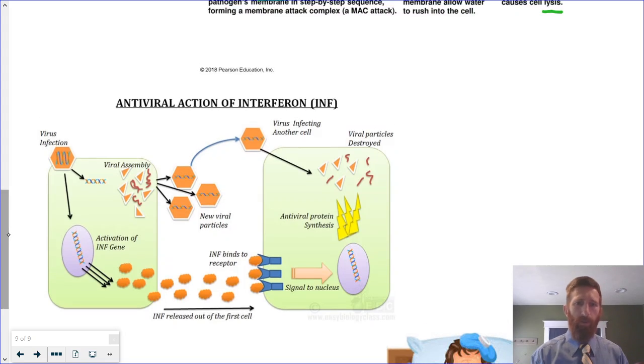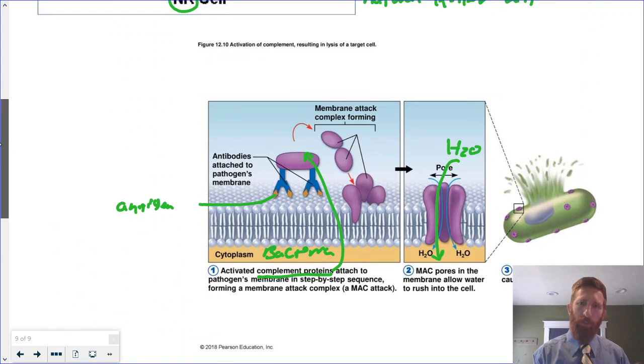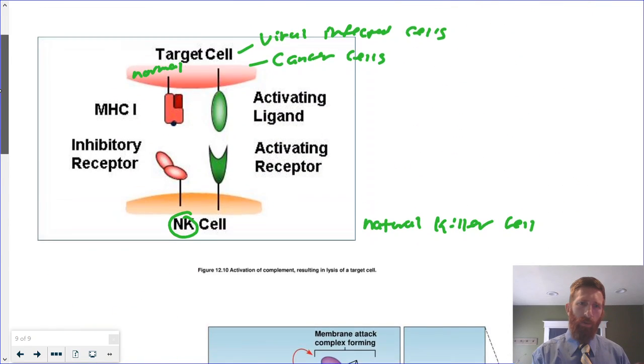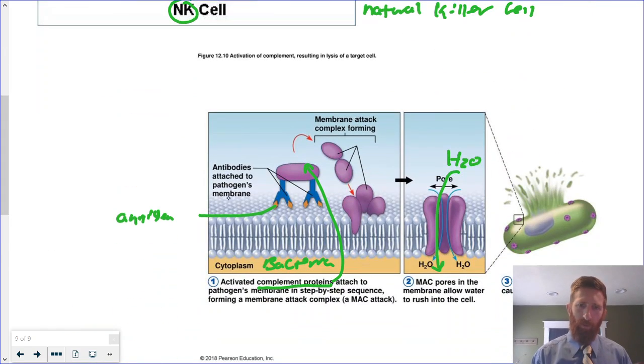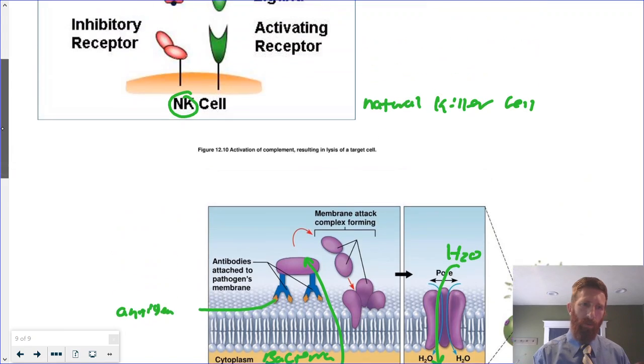And then another, I know there's a lot of them. Well, Mr. Leo, why in the world do we get sick then? Well, because all these things don't always work perfectly, right? Oh, and by the way, I should also point out this one, the complement, was against bacteria, right?